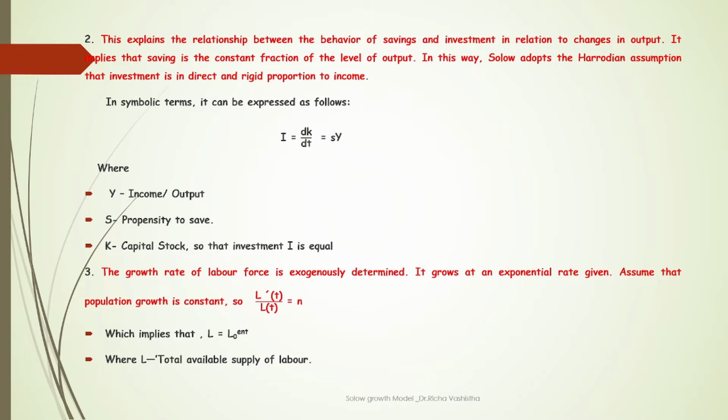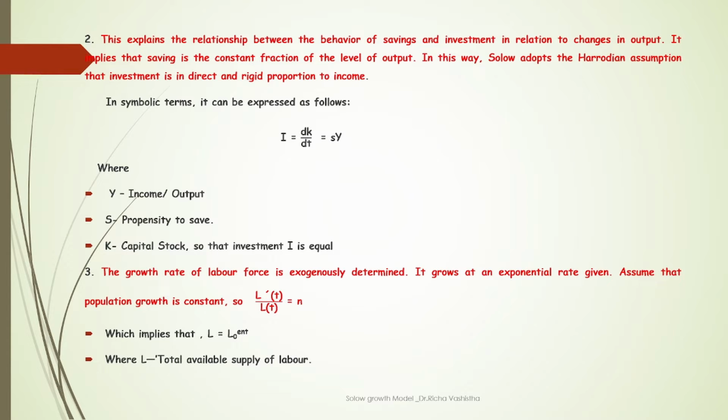So if we assume that this population growth is constant, which you can see is shown in symbolic form, the change in labor force is equal to n, small n. So it implies that L is equal to L naught e^(nt). It is just to show that the population growth is constant, and it's growing exponentially.